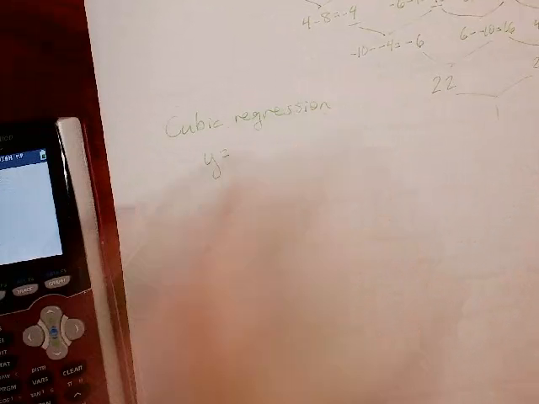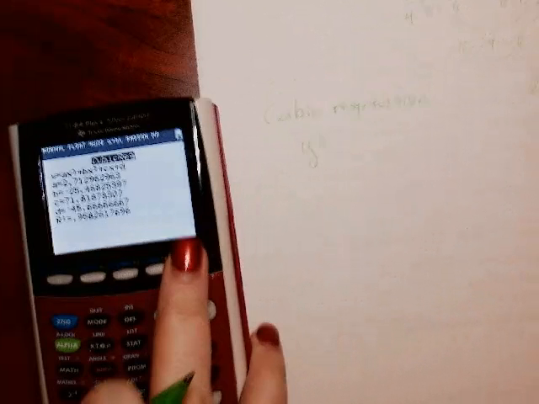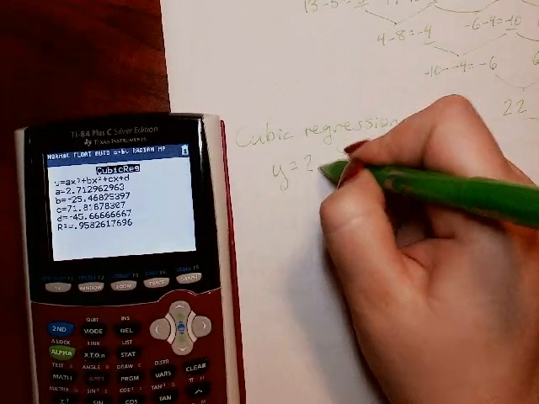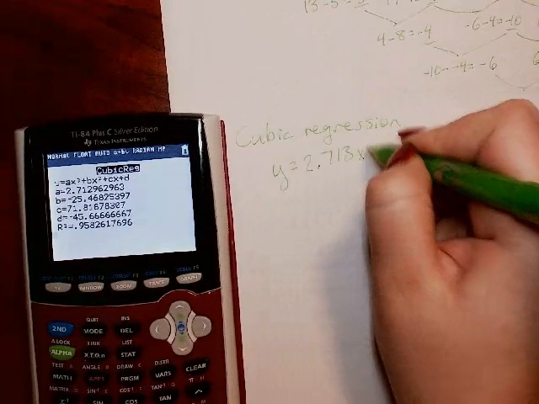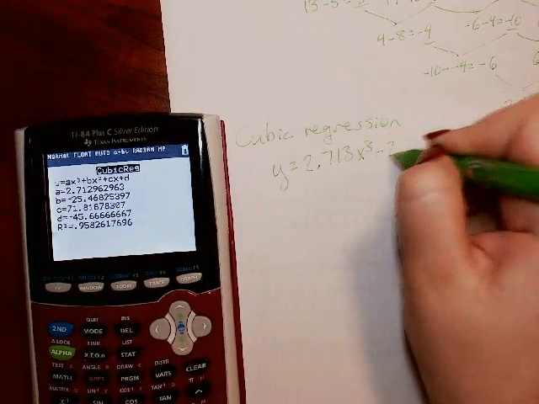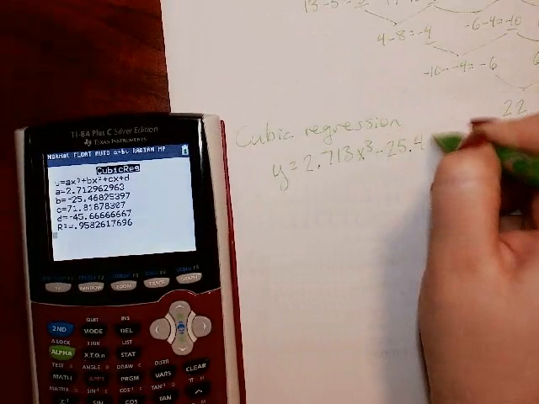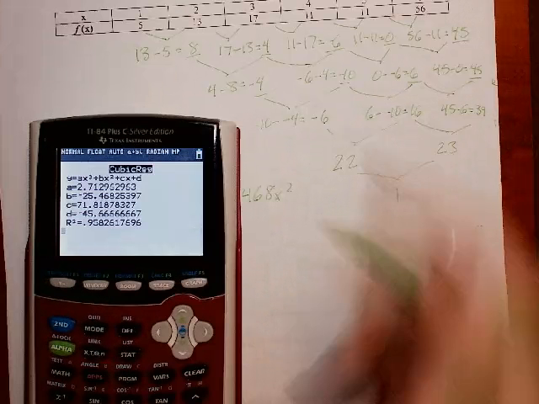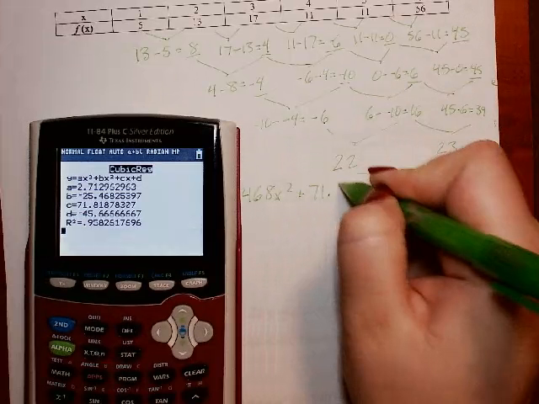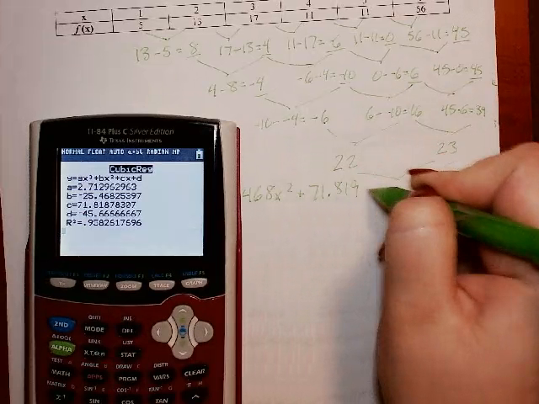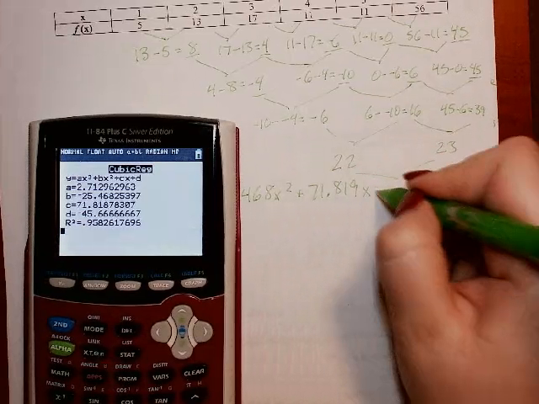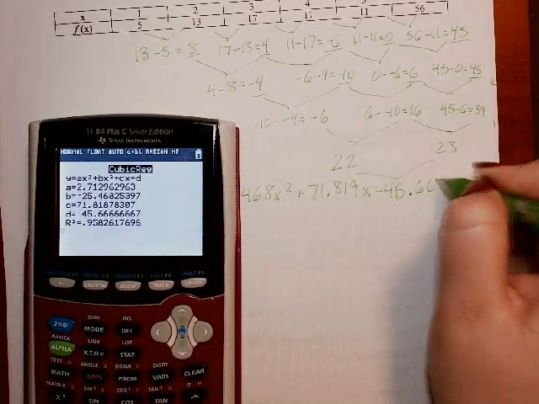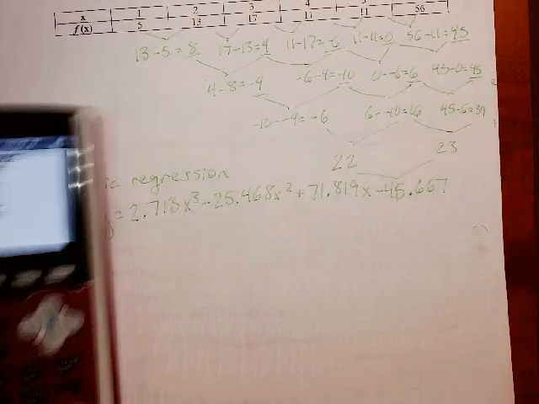So 2.713 x to the third minus 25.468 x squared plus 71.819 x minus 45.667. Okay, and that is our whole regression equation. So it's our polynomial function that fits the data.